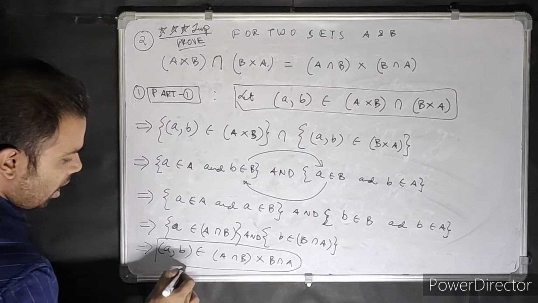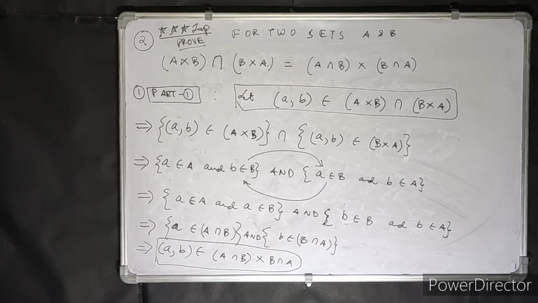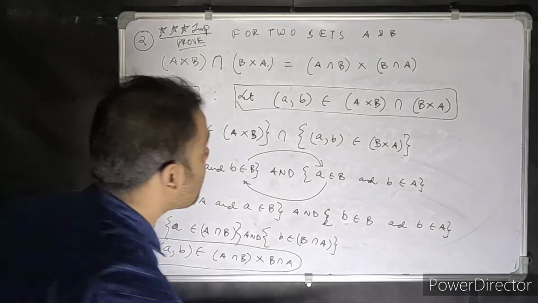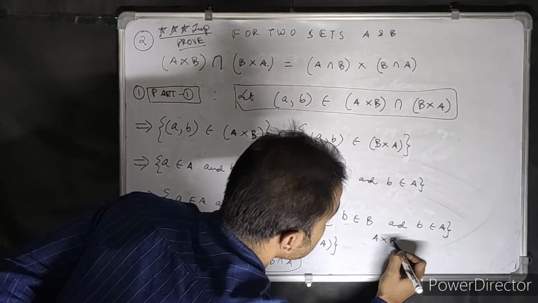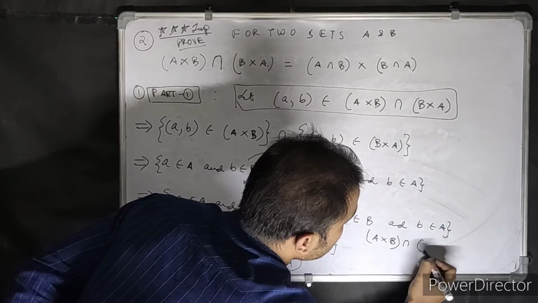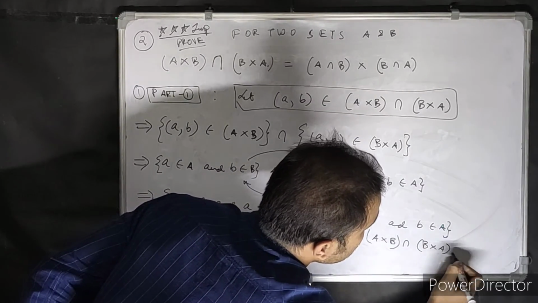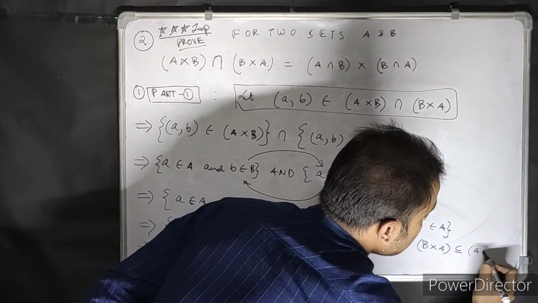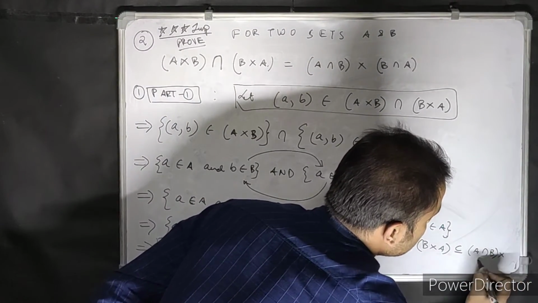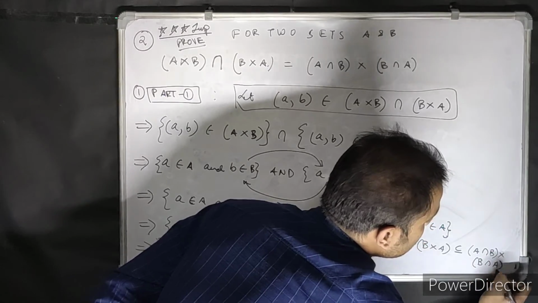So these two are the same things. From here we have got our part 1. So what is our part 1? You have to write A cross B intersection B cross A is a subset of A intersection B cross B intersection A.